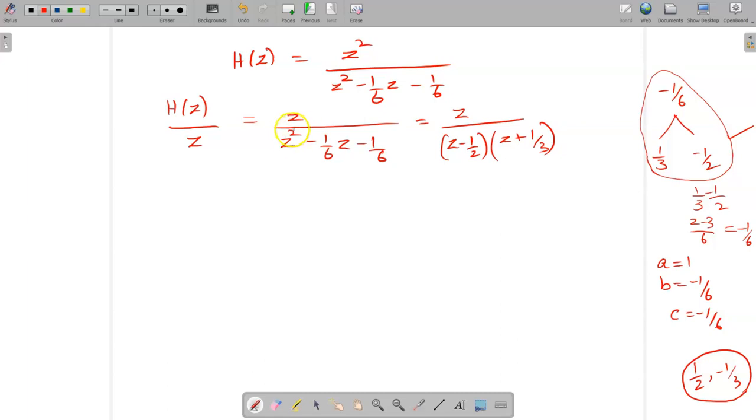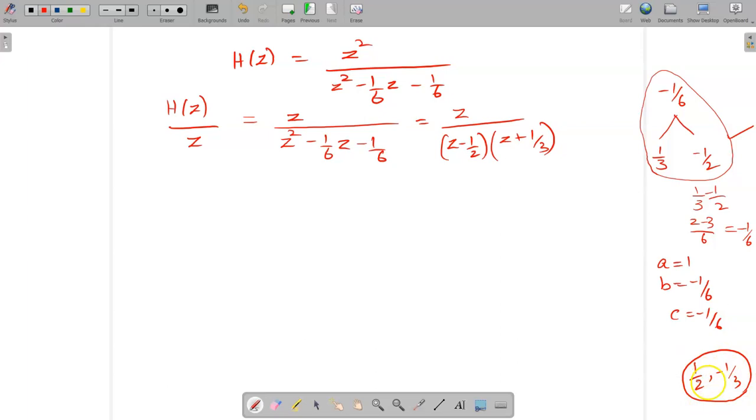Then give the coefficient of z square, which is 1, so the a value is 1. The coefficient of z is b, so give b value as minus 1 by 6. Give c value as the constant, that is minus 1 by 6, and press equal to. You will get two values: one is 1 by 2, and the other is minus 1 by 3.